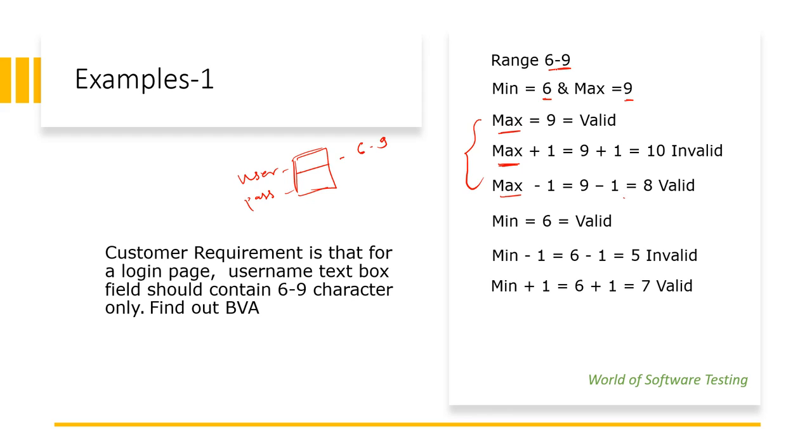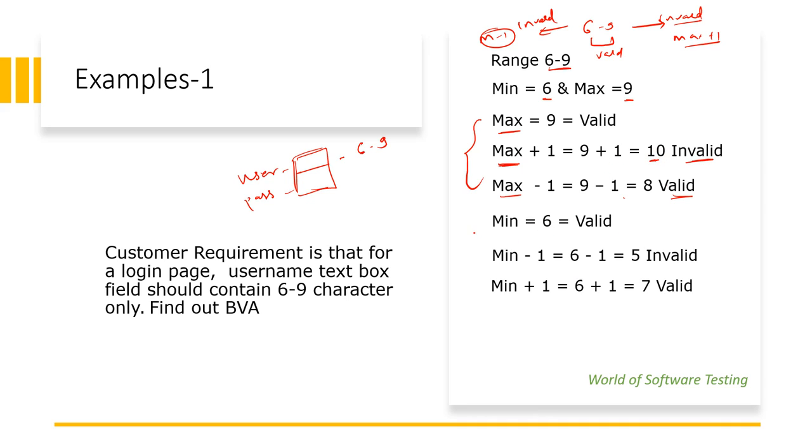Whatever is within this range should be valid, and whatever is outside should be invalid. Let's say 6 to 9, this is a valid range, and whatever is outside here should be invalid. So max plus 1 should be invalid, and max plus 1 going as 10, this is invalid.